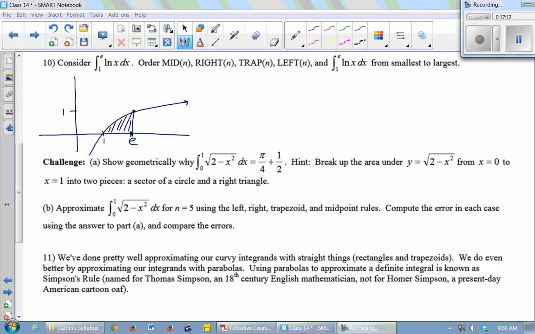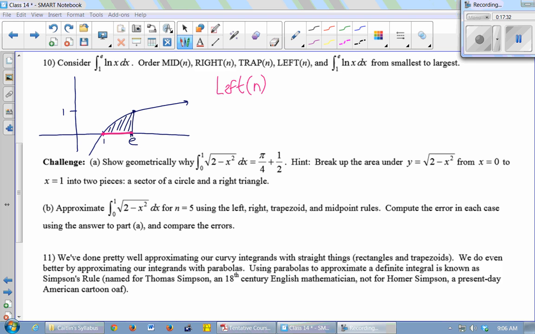I think left is going to be a really terrible approximation, because if this is my one interval, I use the left endpoint to get the height, and I would approximate it with 0, right? So left is going to be a really low underestimate. So my hypothesis is that that's going to be the lowest.